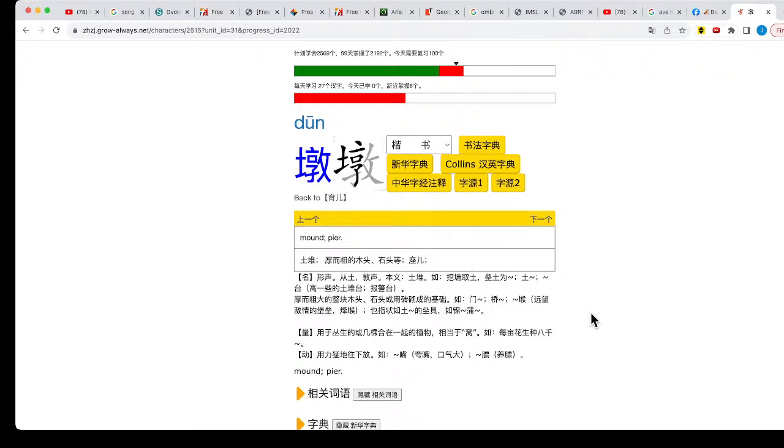Okay, if that thing is for building a bridge, it's called 桥墩. So this is often used for building bridges or houses to make a foundation. Okay, so this is 墩.